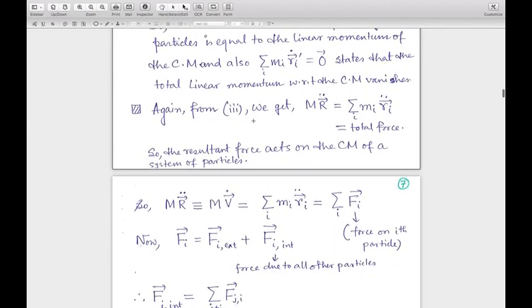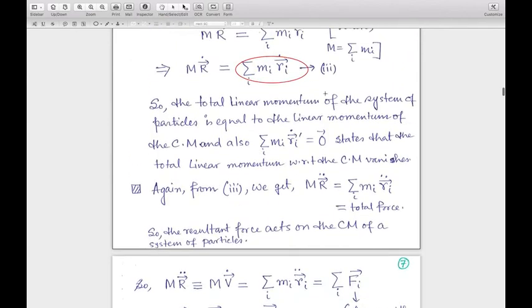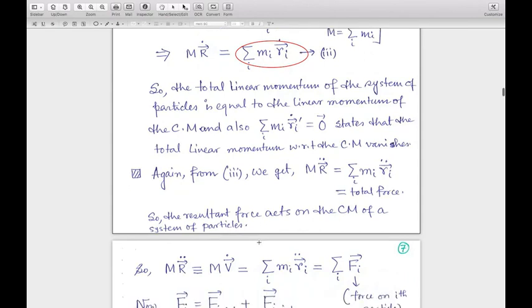Then again from equation number 3, we get M R double dot is equal to summation over i of mi ri double dot, which by Newton's law is the total force. So the resultant force acts on the CM of a system of particles. What is the real meaning of this?